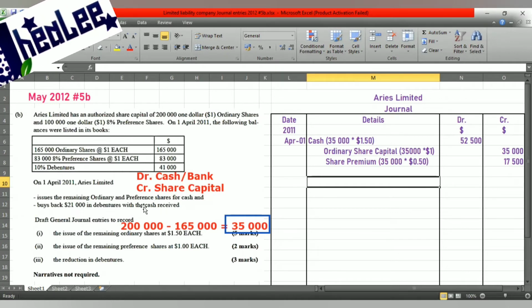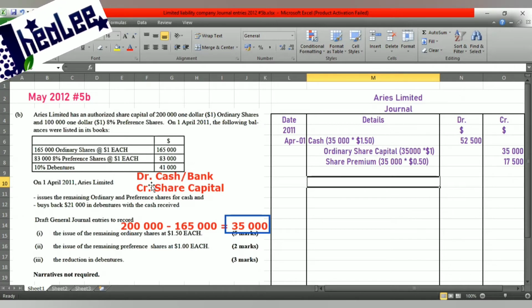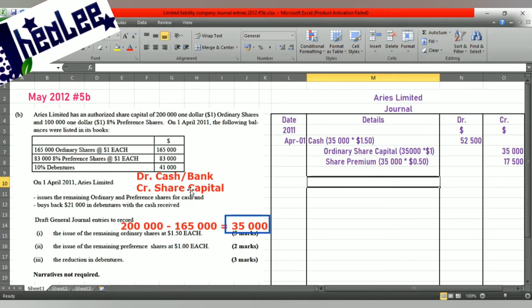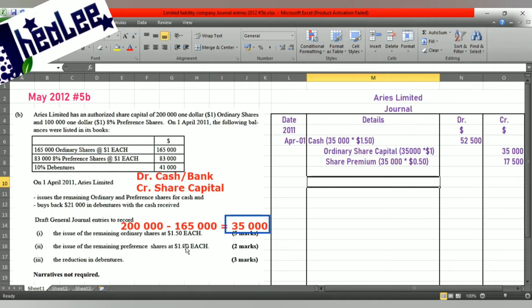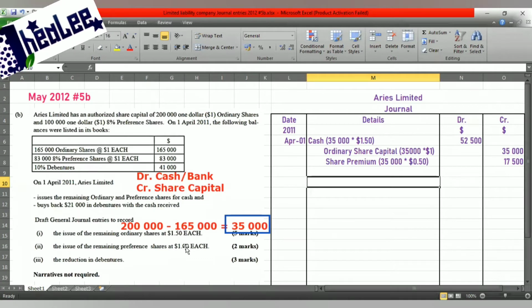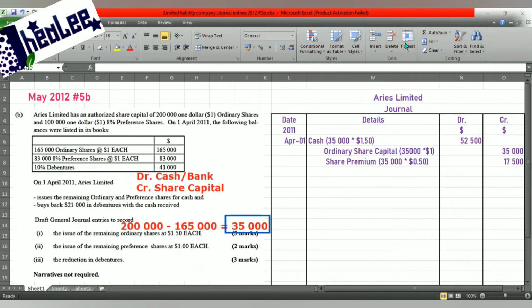The question indicated that cash was received, so therefore it will be debit cash and credit the preference share capital. We notice that it is $1 that is the face value. There is no share premium.